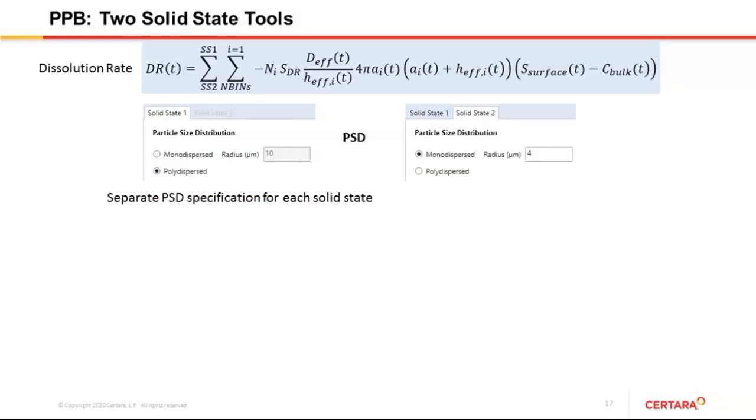Dissolution rate is now calculated summed over the particle size distributions for both different solid states if they are simultaneously present, and for each bin that's defined for each of those solid states. So the tools are available to input different PSD distributions according to the solid states present, which may be present in some formulations, and I'll come back to why that's of interest shortly.